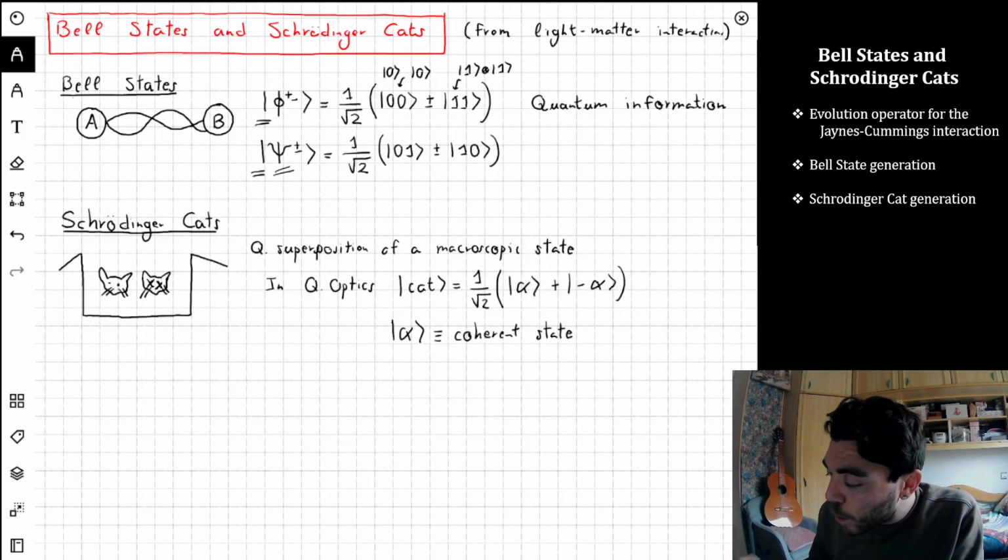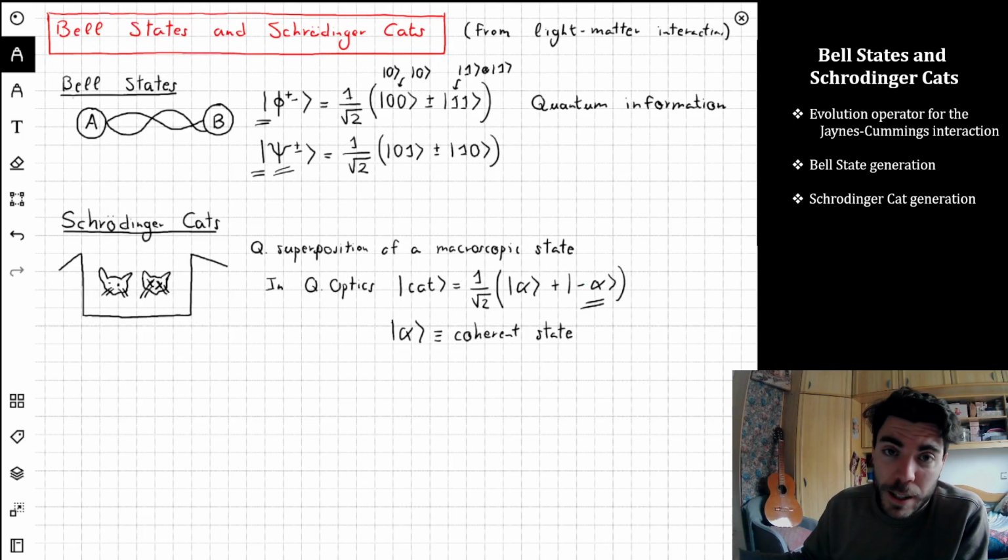And in particular, in quantum optics, the cat state is defined in this way, that I write here, a quantum superposition of two states with opposite phase, alpha and minus alpha, where alpha is a coherent state of light. Why? Because the coherent state of light is the most classical object that you could have in quantum optics.